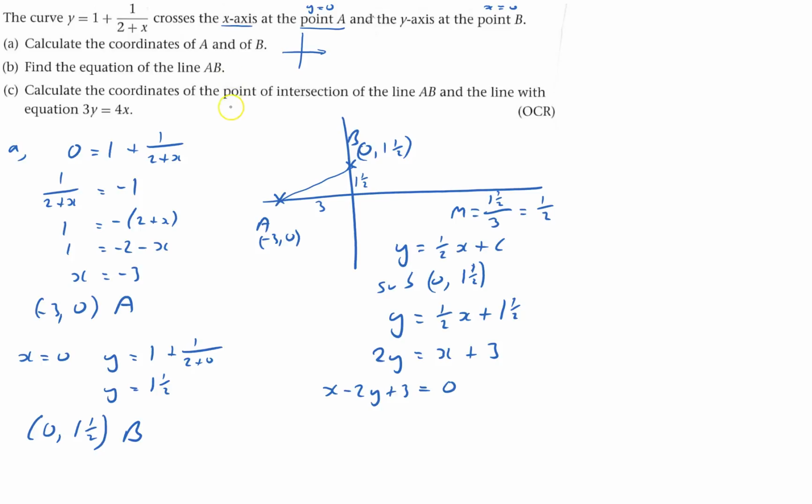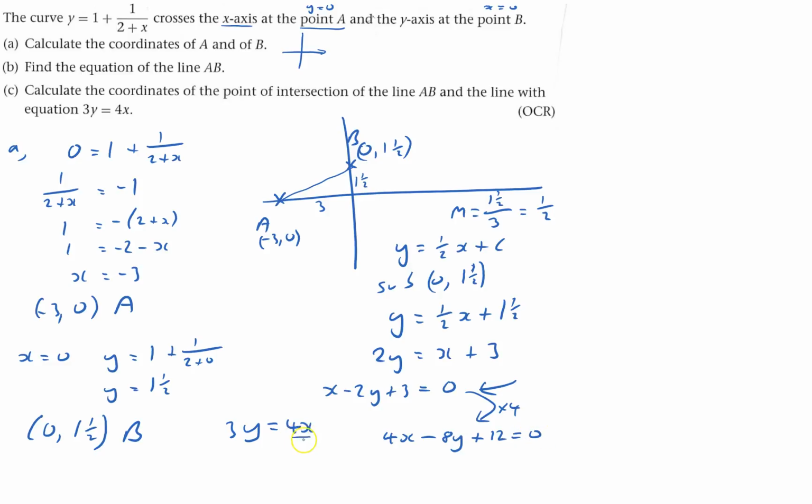Now calculate the coordinates of the point of intersection of this line and the line 3y equals 4x. If I times this one by 4, I'll get 4x. So times it by 4, that gives me 4x minus 8y plus 12 equals 0.